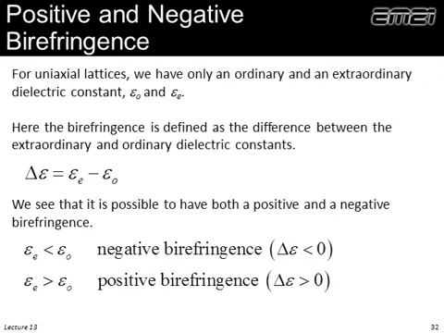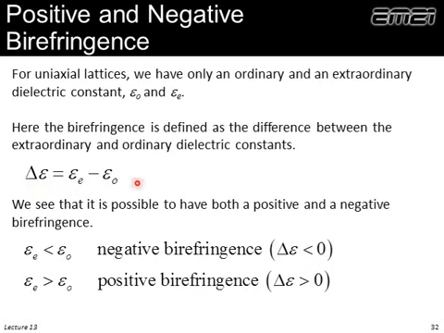So if we look at the difference in the effective dielectric constants, we call that birefringence. So in something uniaxial, it would have an ordinary dielectric constant and an extraordinary dielectric constant. Optics people refer to this as ordinary refractive index and extraordinary refractive index. If we subtract the ordinary from the extraordinary, we will get some kind of delta epsilon.